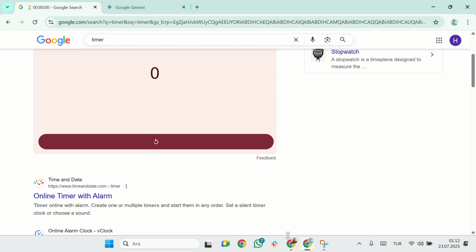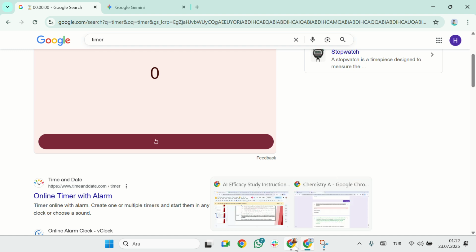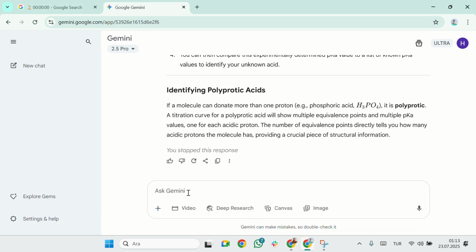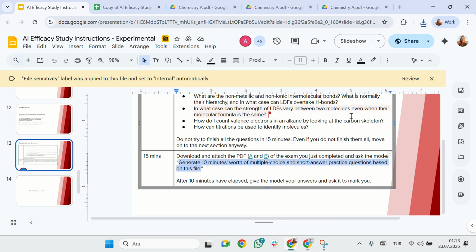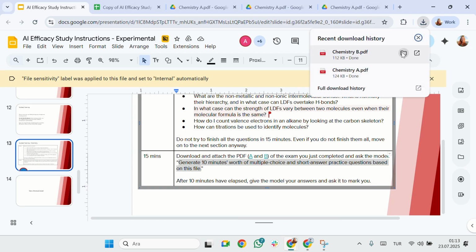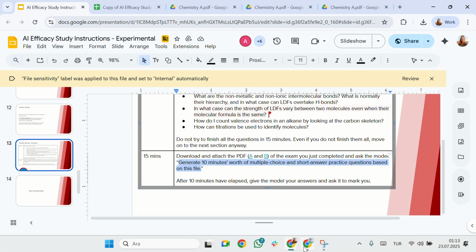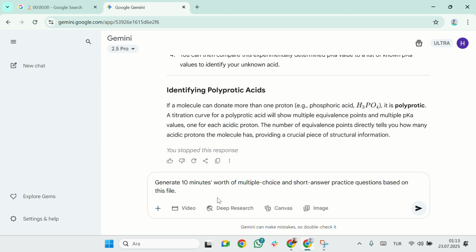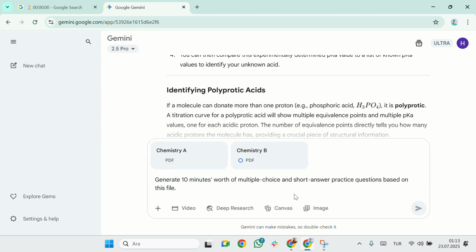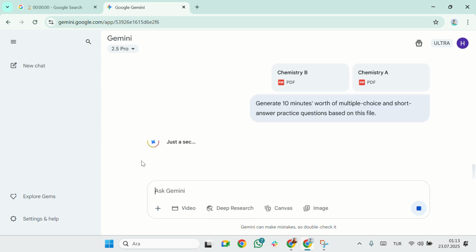Let's set this timer after adding this. Okay, let's take these two.